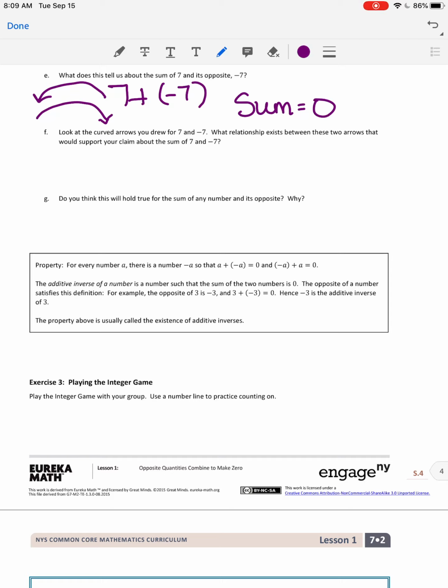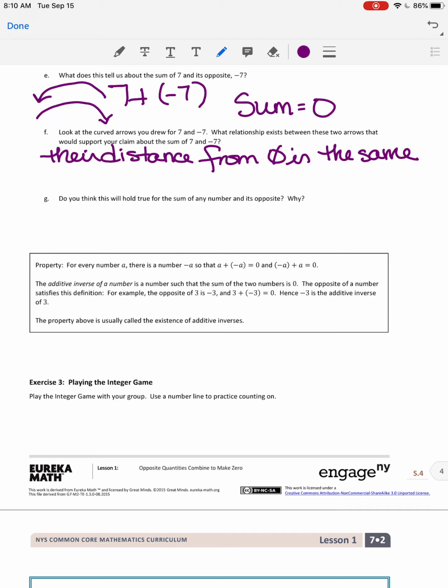We could say that their distance from 0 is the same, even though they're opposites. So because they're the same, when you go forwards and backwards the same amount, you'll end up at your starting point at 0.